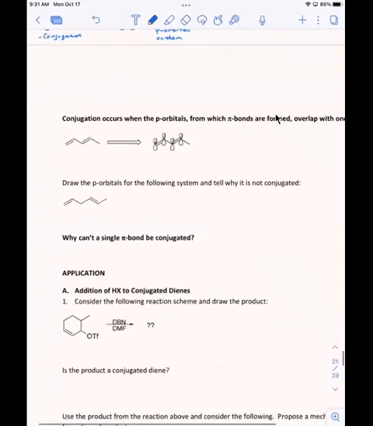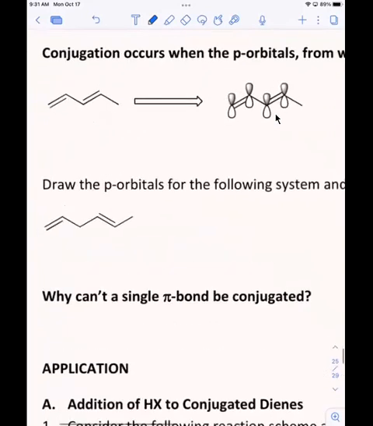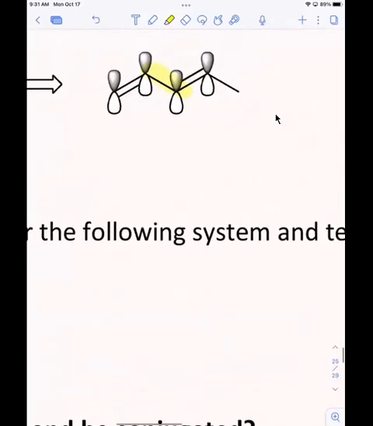All right. And so we talked about this. This is just kind of a recap. It says conjugation occurs when the p orbitals from which pi bonds are formed overlap with one another. So we already talked about that. And that overlap, especially in the middle, pulls everything closer. And so it makes these conjugated systems behave differently than a system that's non-conjugated.